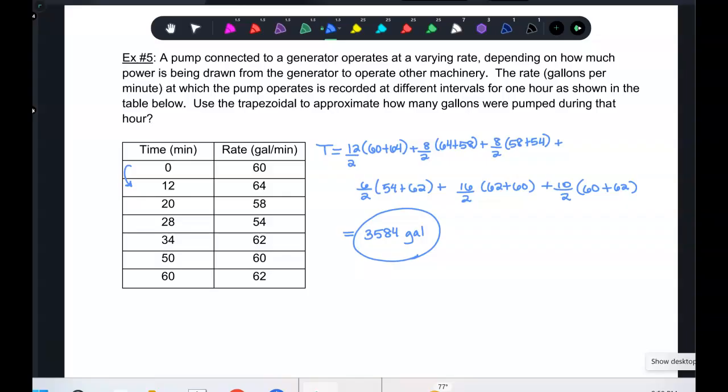And then we could do a follow-up and ask, what's the average rate over that time period? And then you would just divide that by 60. Excellent.